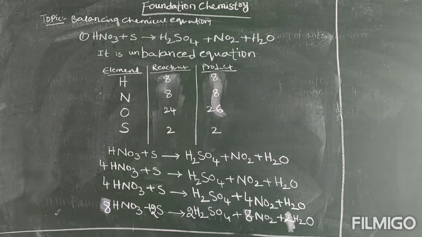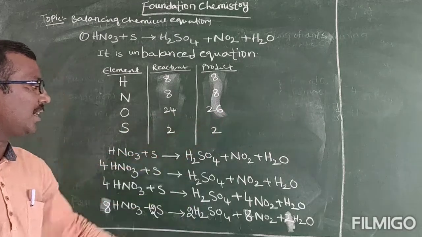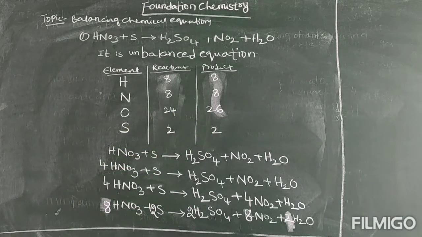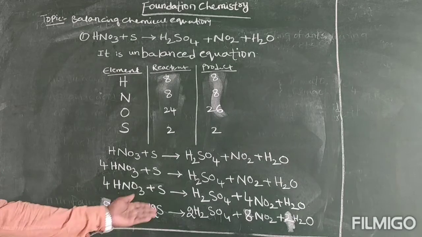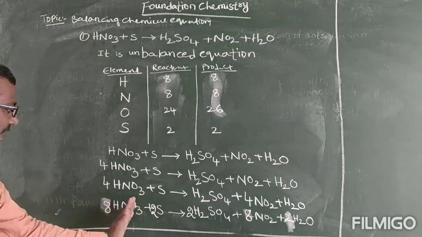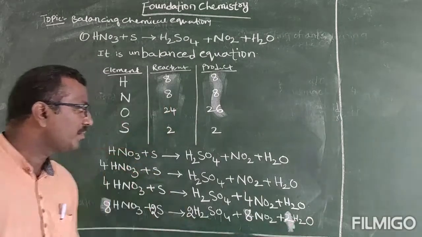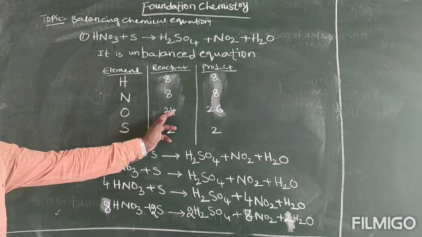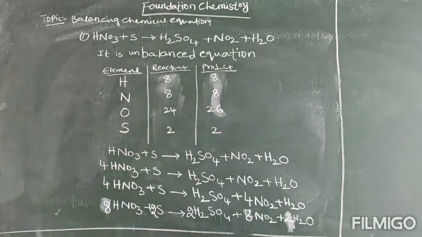Still any more chances? Here it is 24 and here it is 26. 2 or more that side. How to reduce that? That is also important. Shall I go again with multiplying? This is 24 and that is 26.